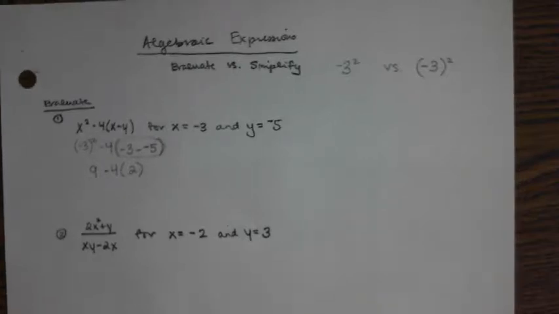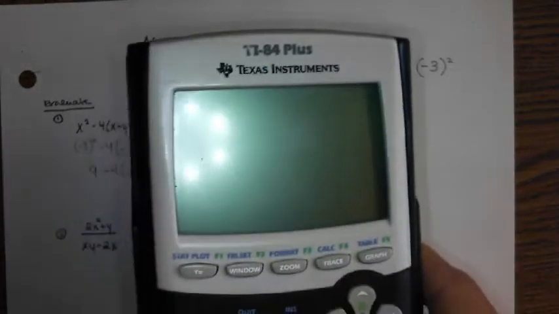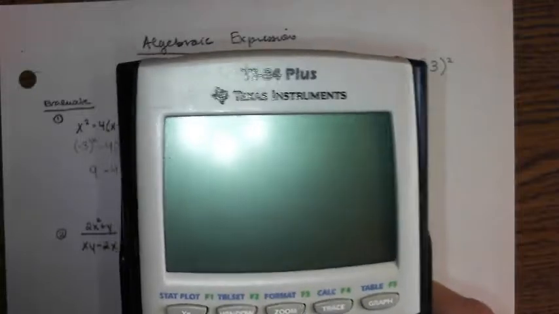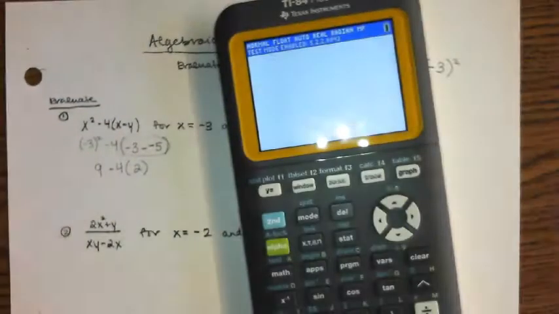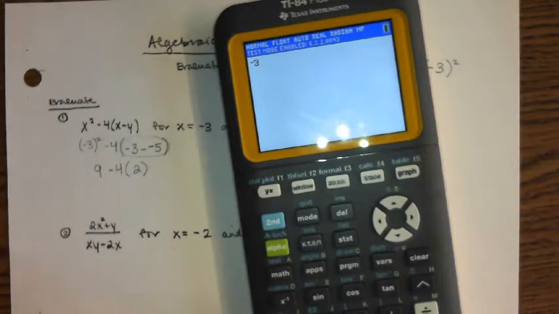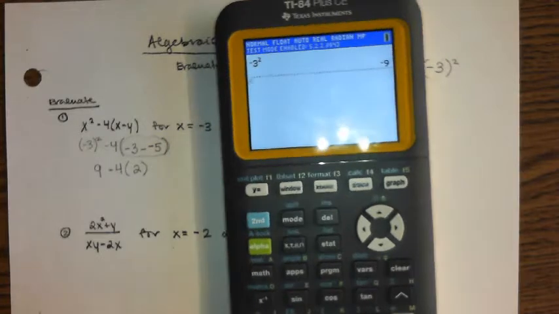In fact, your calculator will tell you it's a big difference. Because without the parentheses, battery's low, no batteries. Negative 3 squared, without the parentheses, negative 9. Negative 3 squared with the parentheses, positive 9.